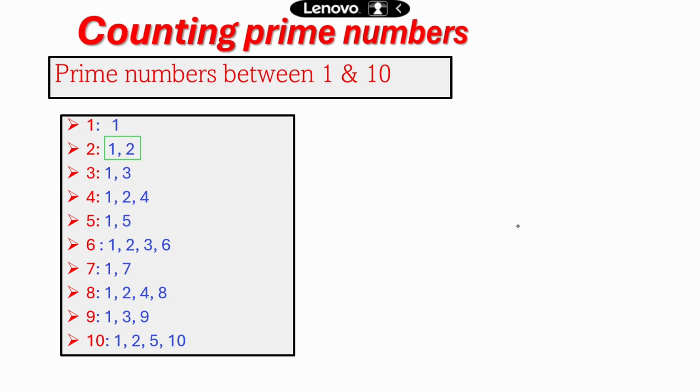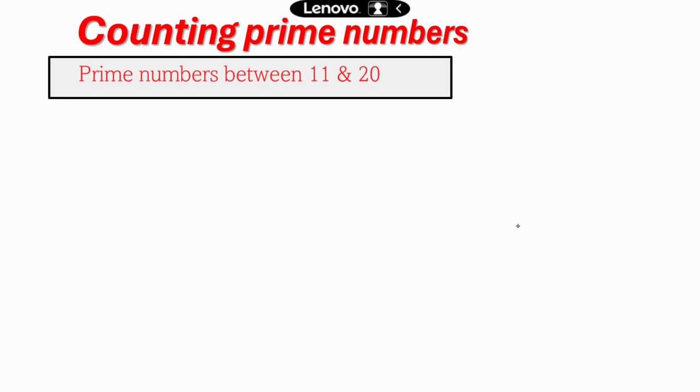Among these, you see that 2 has only the factors 1 and itself, same way 3, 5, and 7. So there are 4 prime numbers between 1 and 10.